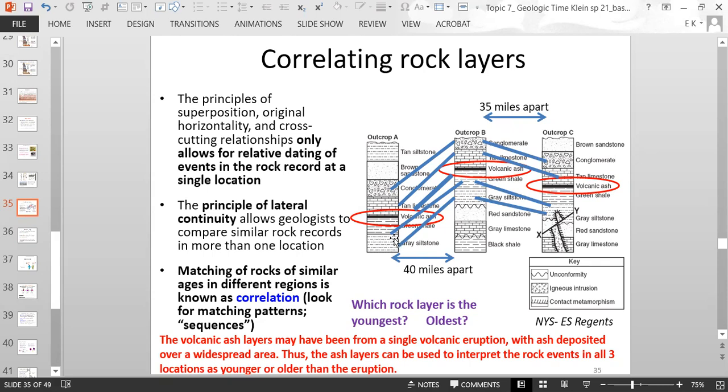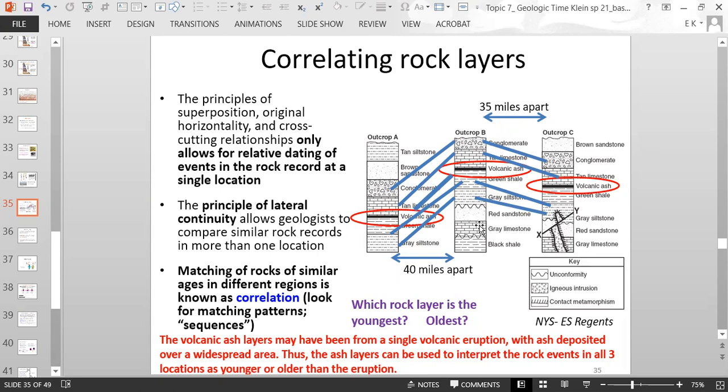Here's gray siltstone. It matches with this gray siltstone. And then there are other rock layers that are even lower below the gray siltstone. And then when you look at this gray limestone, you see it matches with this because this red sandstone matches, this gray limestone matches.